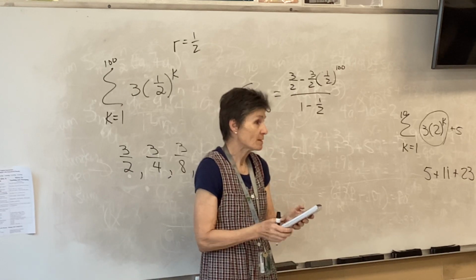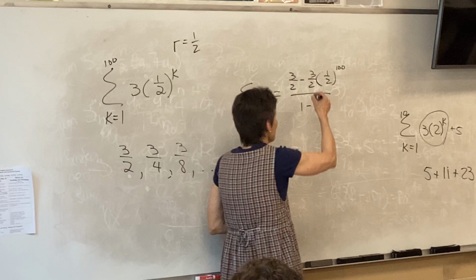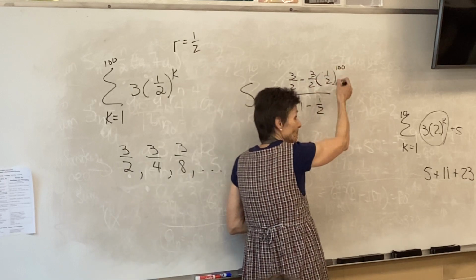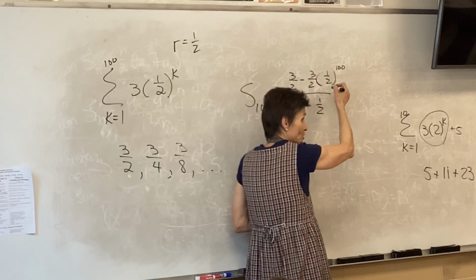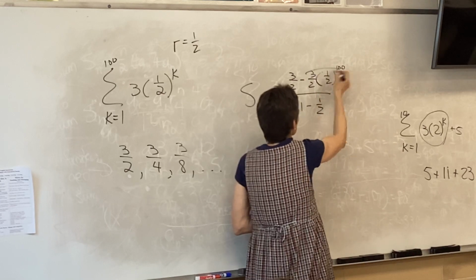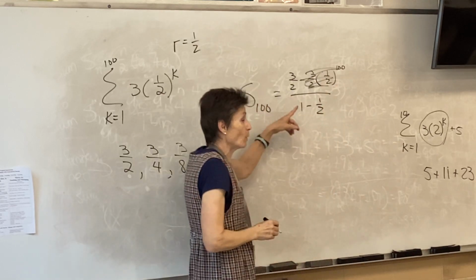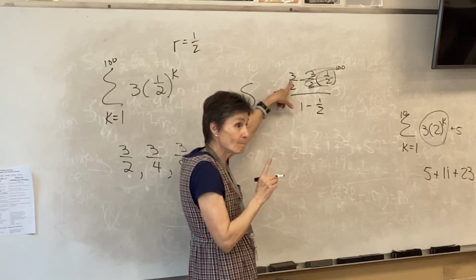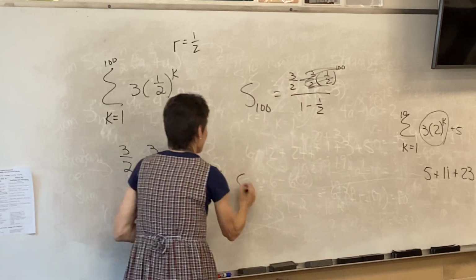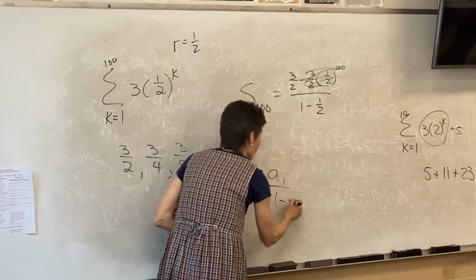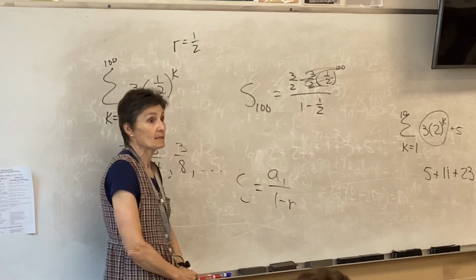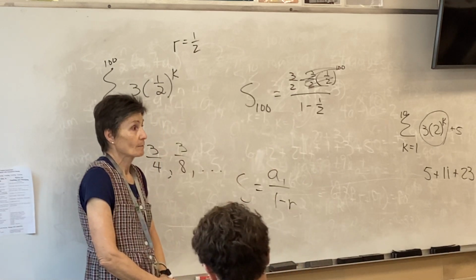Is that pretty much 0? So this part of the problem is pretty much 0. So what are you left with? The first term over 1 minus the ratio, which is your infinite formula.